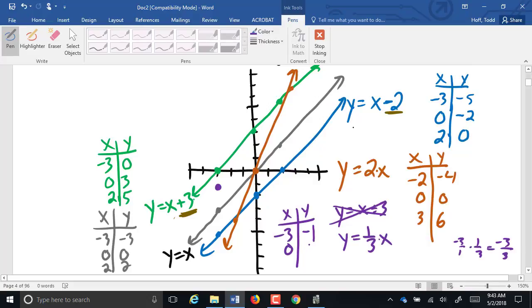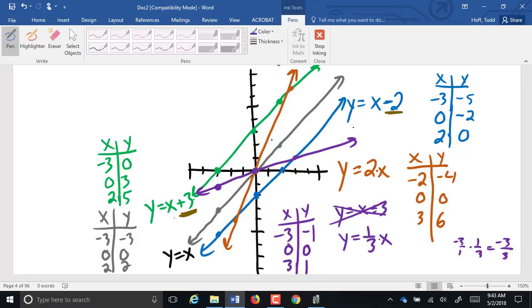What's anything times 0? 0. So that's back to the origin again, 0, 0. If x were positive 3, what's 1/3 times 3? 1. So it's going to be positive 1. So 3, positive 1. So we're still going through the center, through the origin, but it is a much shallower line, a lower line, lower angle, smaller angle.